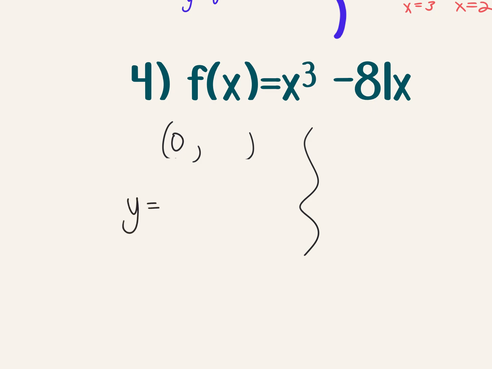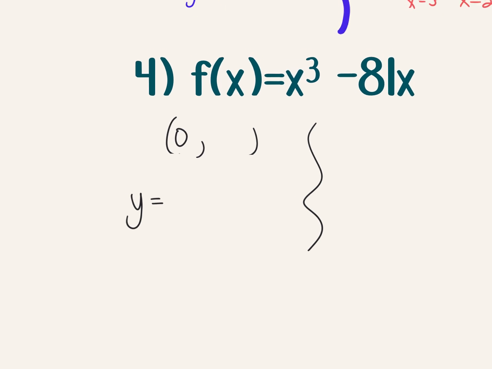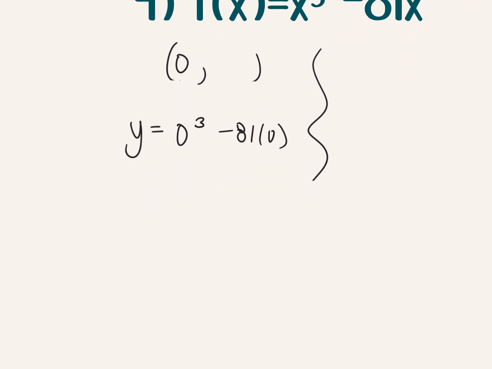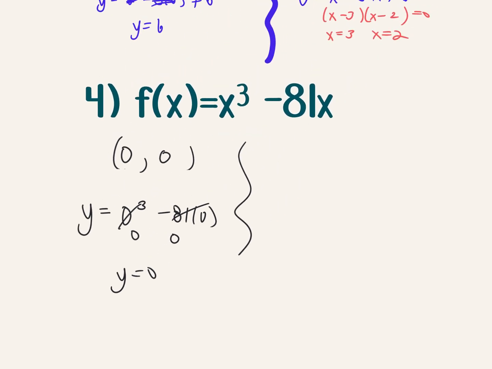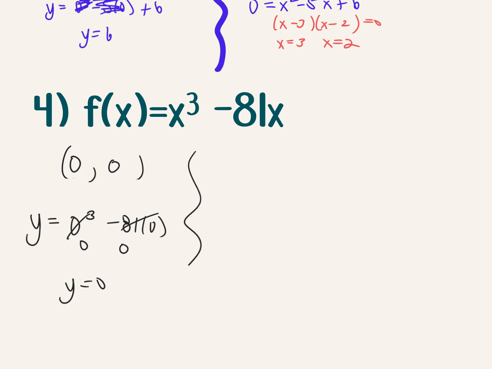So y equals 0 cubed minus 81 times 0. What's 0 cubed? 0. 0 minus 81 times 0 is 0. So when I plug in 0 for x, what do I get out for y? 0. Where is that point on a graph? The origin. Good.